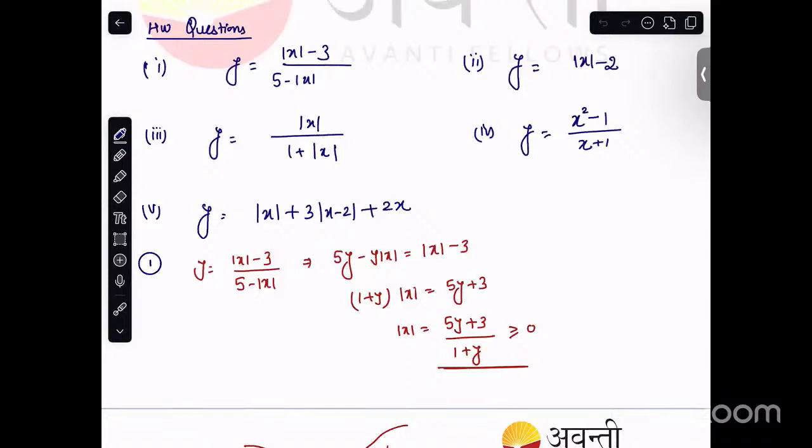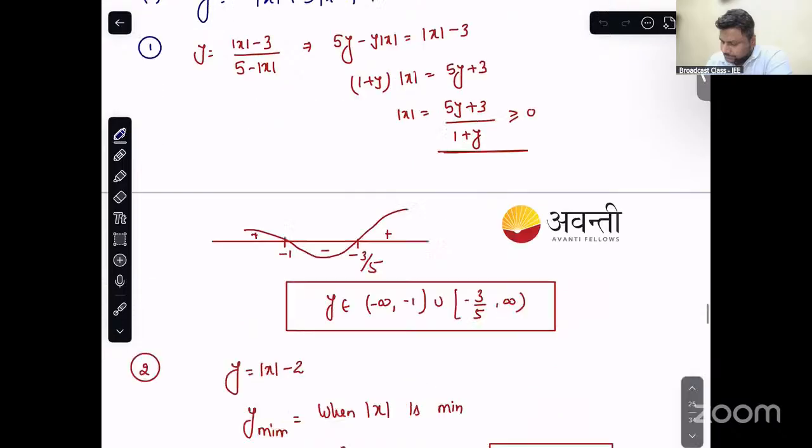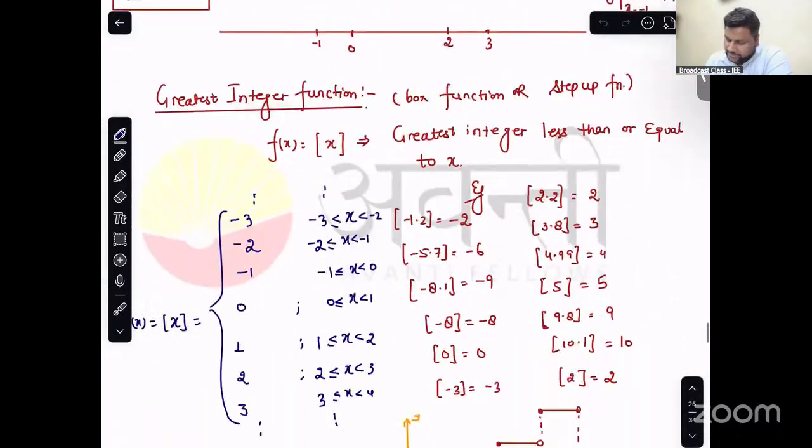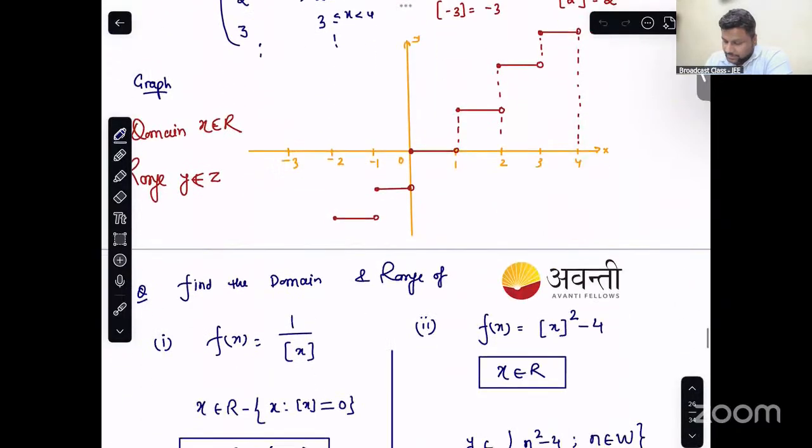So, in yesterday's class, first of all, we found the range of these five functions. Anybody having any doubt with these functions? Then we have done the greatest integer function, then its graph.